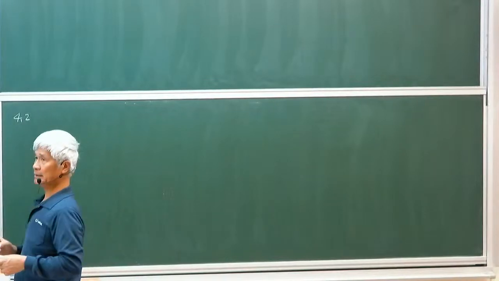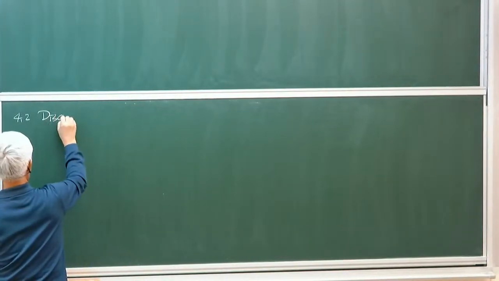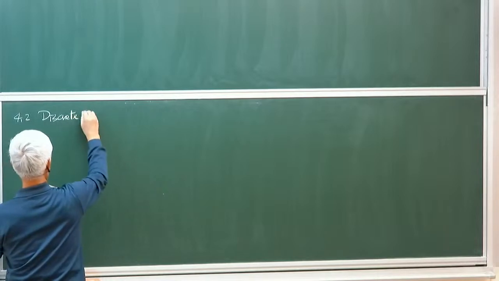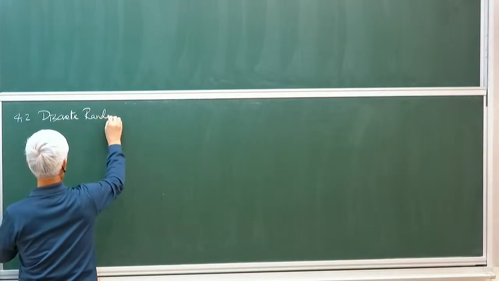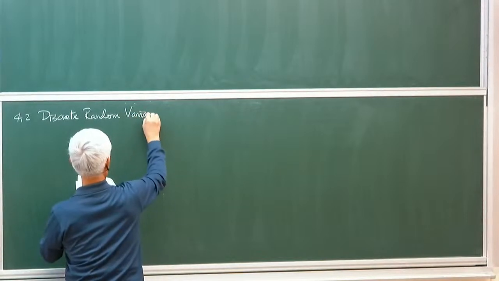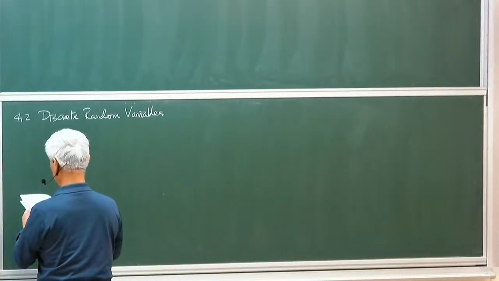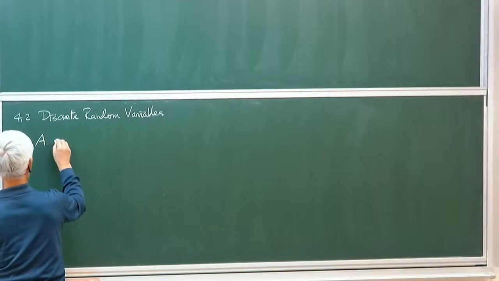Now the focus of this chapter is about discrete random variables, so we will discuss the general properties of discrete random variables. First of all, what is a discrete random variable?